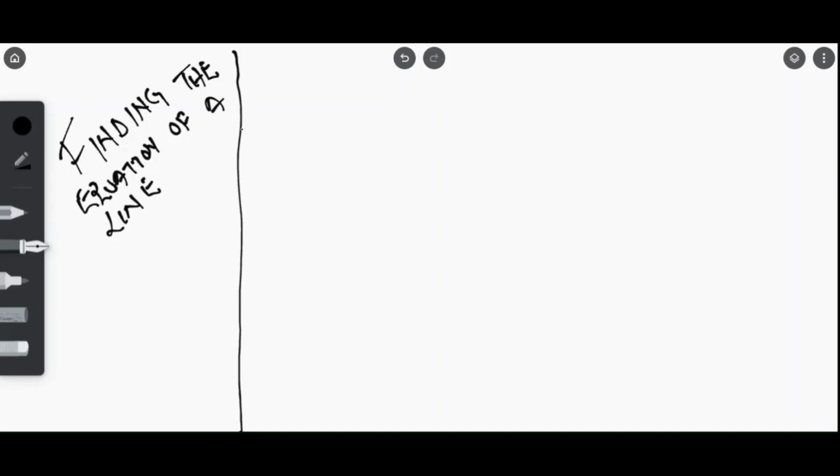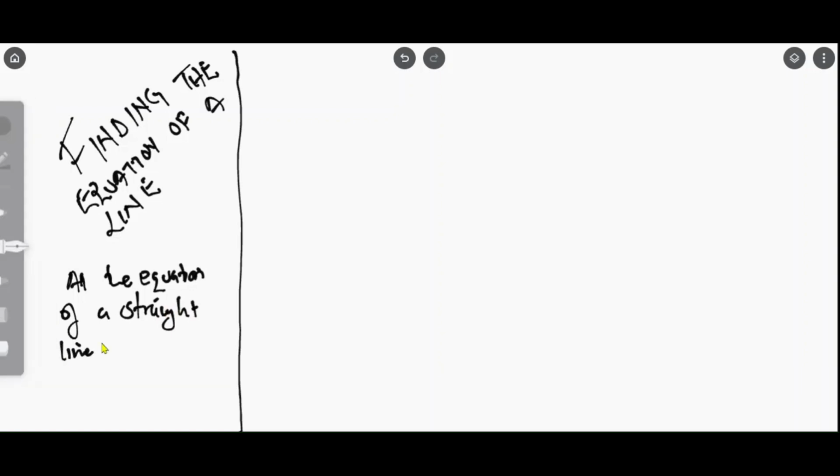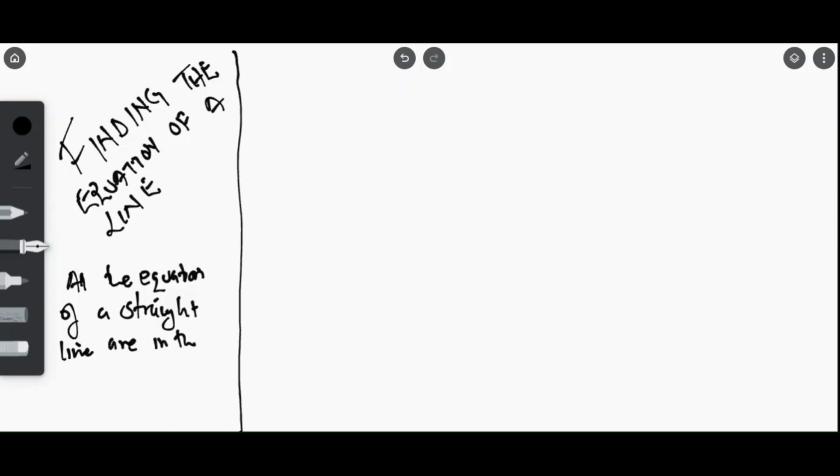Now, it's good to note that all the equations of a straight line are in the form y is equal to mx plus c.